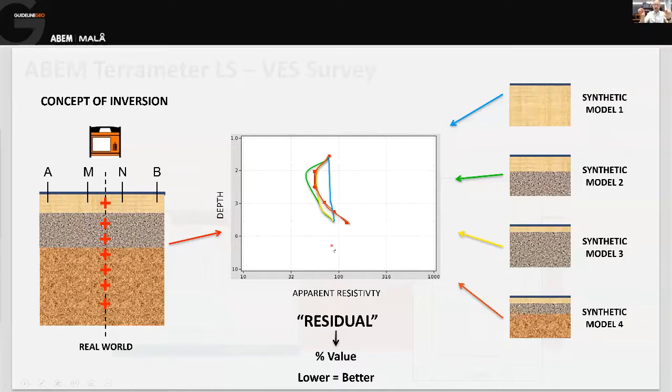So if you have a very thin, highly resistive layer, it can be very similar to a much thicker, lower resistivity layer at roughly the same depth. So we need to think about, is the model that it's presenting me what I would expect within this geological environment? So again, that secondary data stream is helping us with our interpretation.